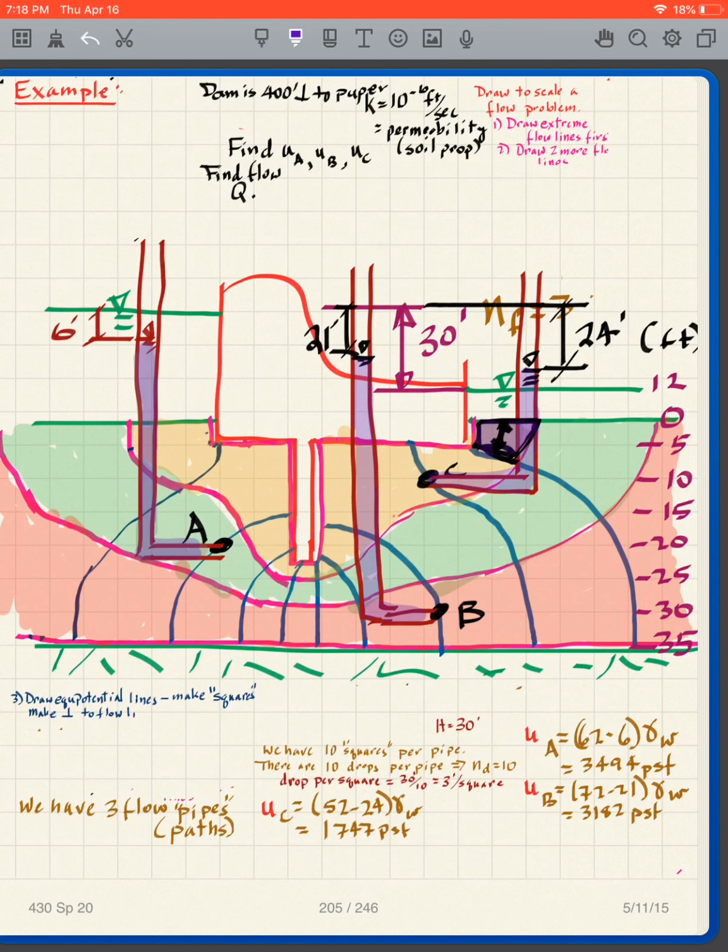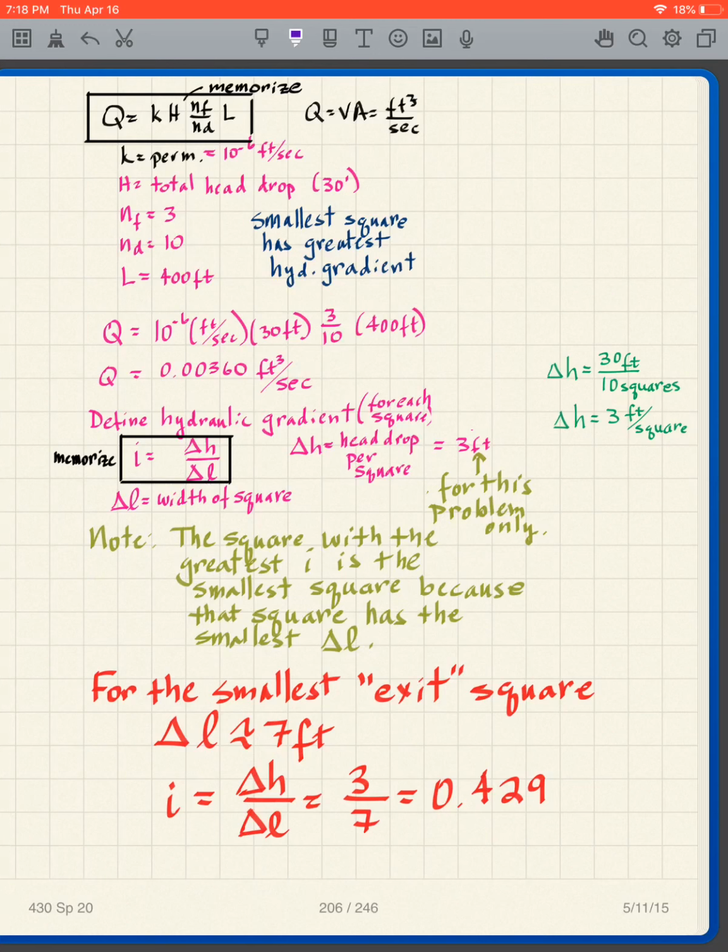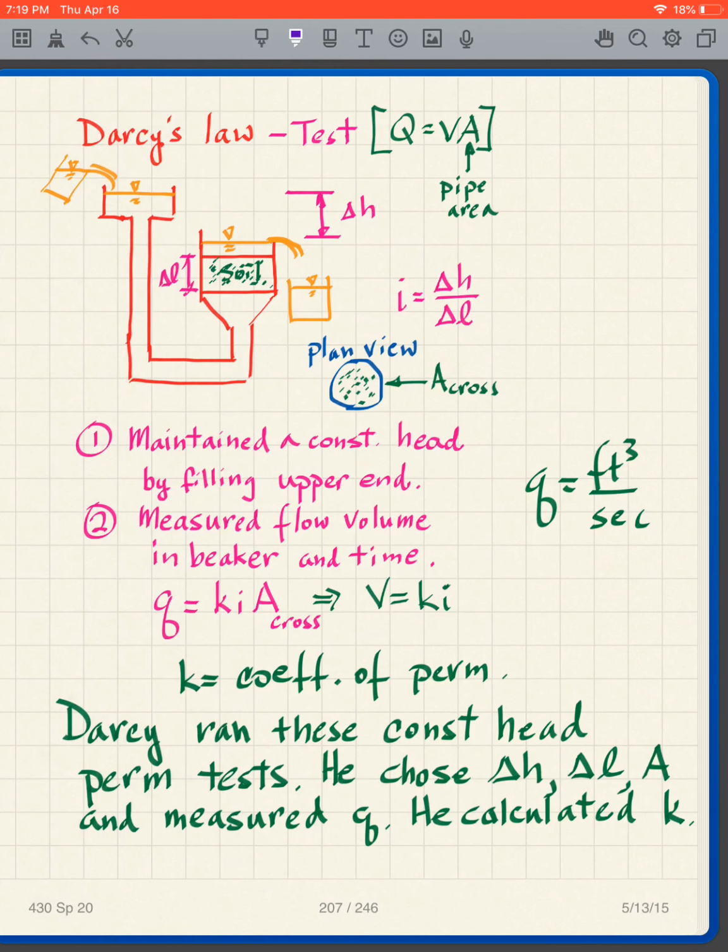It's not perfect, as I didn't draw it very well to scale. So with a delta L of approximately 7 feet and a delta H, the drop per square, of 3 feet, 3 feet over 7 feet gives an exit gradient of 0.429. That's the hydraulic gradient, so you need to know that. Okay, I'll stop.